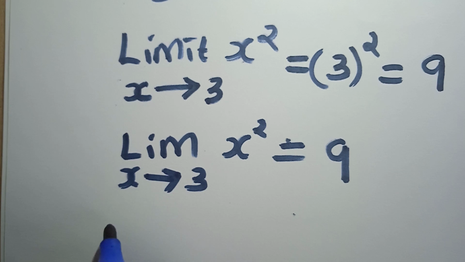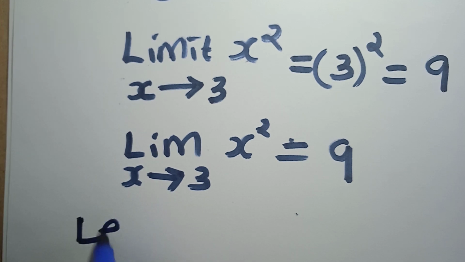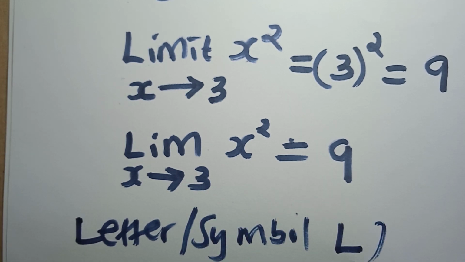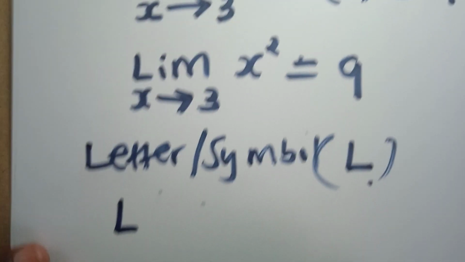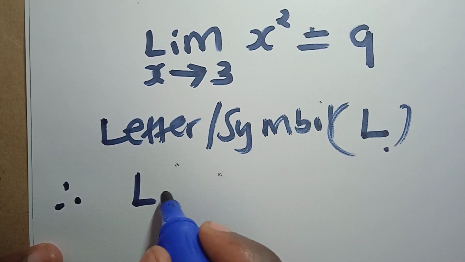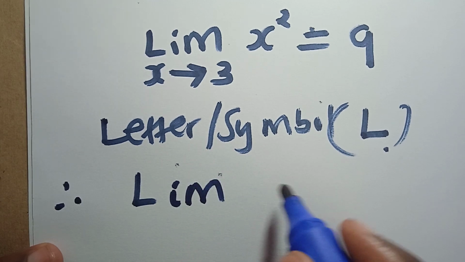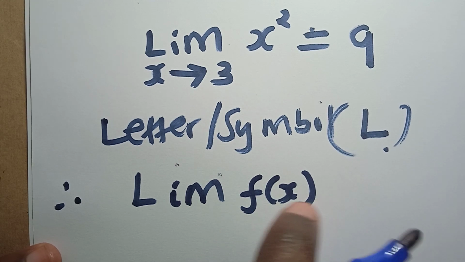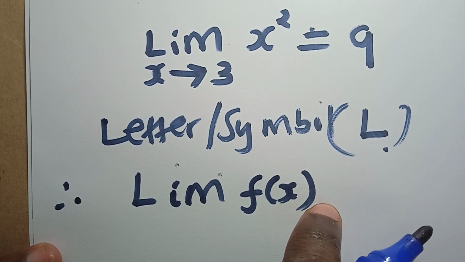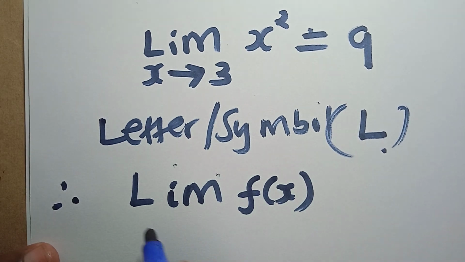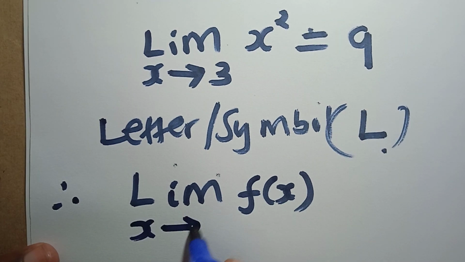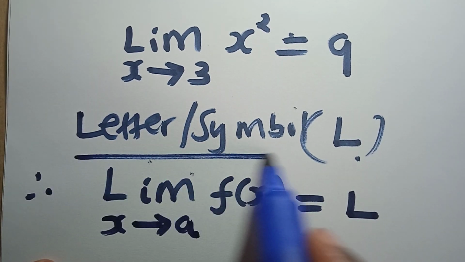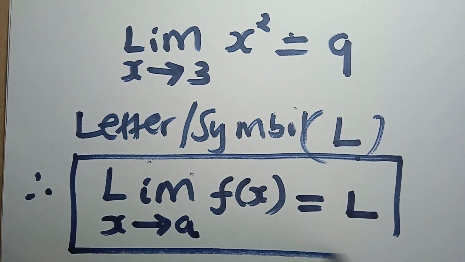We can use the letter or symbol L to represent the limit. So in general, we can say that the limit of a given function, let's say the function f of x, which is a function of x, like y is equal to 2x, so y is a function of x and depends on x, as x approaches a certain value a, is equal to L. This is what forms the formal definition of a limit.